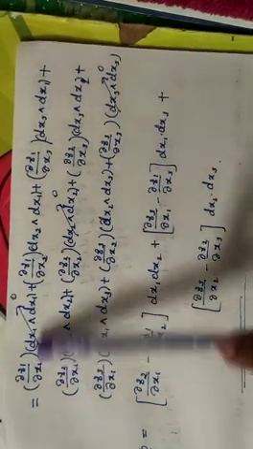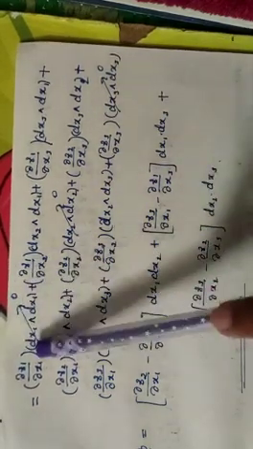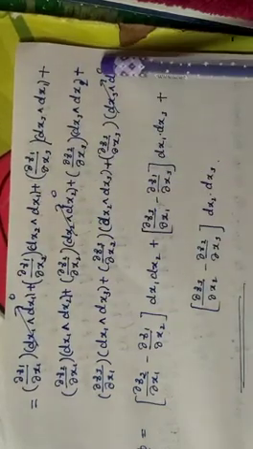We know that the repeated dx's become 0. So we get this one 0, this one 0 and this one 0.